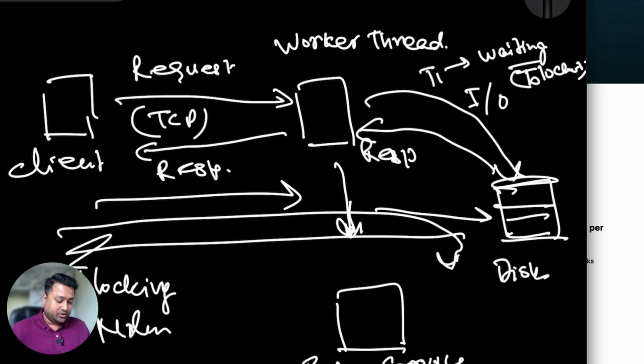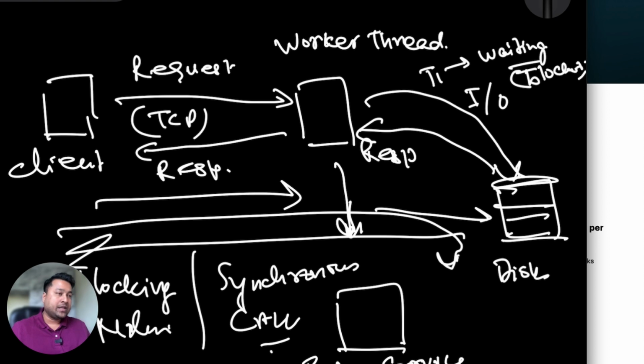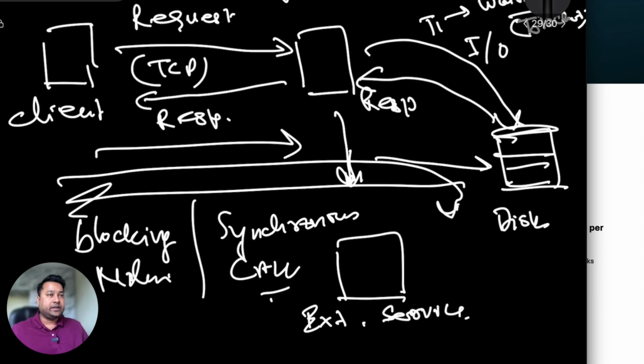This is also known as a synchronous call. Why synchronous? Everything is in sync. There is nothing getting broken in between, right? Everything is in a waiting state till the time things are completed. So we also call it a synchronous call, and you can also call it the blocking nature of the thread.